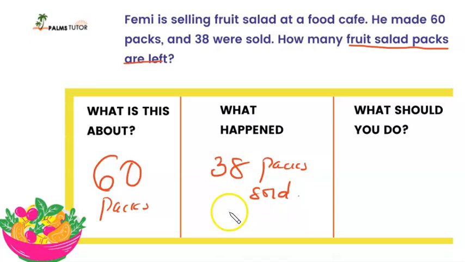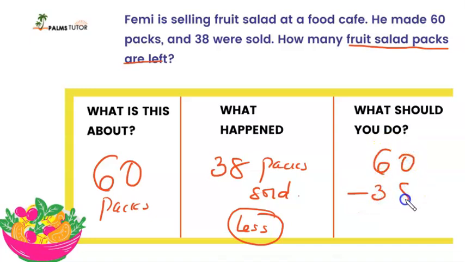No. Which means that you have less. Is that not so? So when you have less, what do you do? You take away. So what we have left will be 60 minus 38 packs of fruit salad. So we borrow 1 here and then we have 2. This is left with 5. So we have 22 packs left.